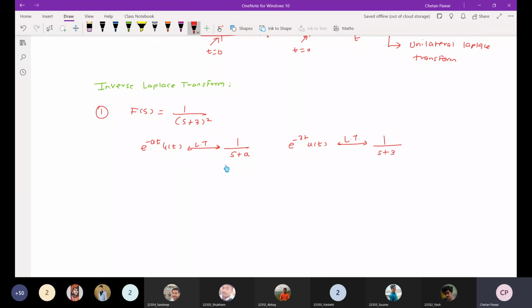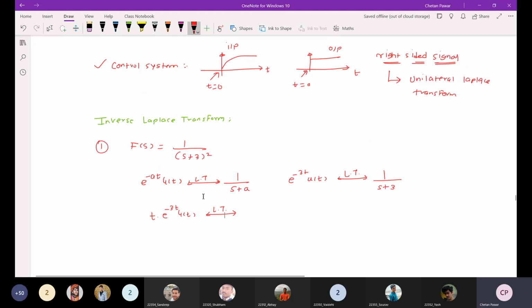Now you tell me, if I multiply e raised to minus 3t u of t with t, what will be the effect in the frequency domain?